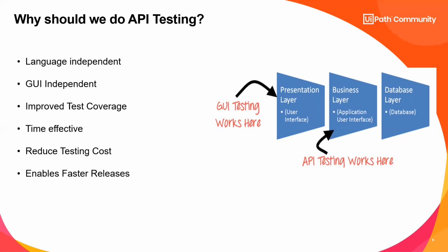Then as I mentioned, it is GUI independent. GUI is graphical user interface, whereas API testing can be done to check the core functionality of the application. So in API testing, some small errors that can be missed during our testing can be covered.